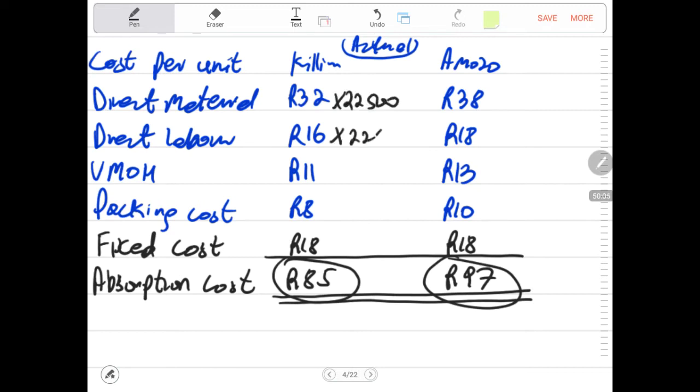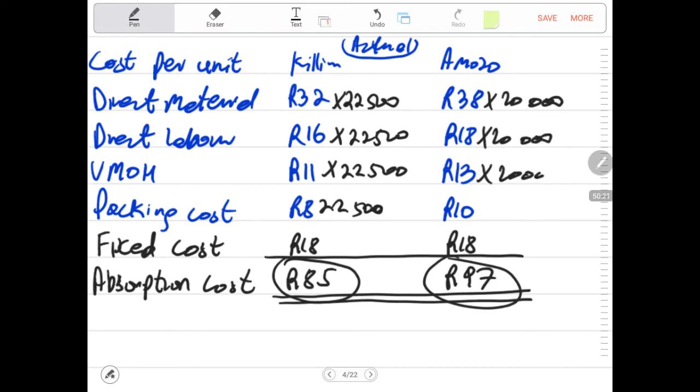22,500. For this one, the units that were actually manufactured, 20,000. Multiply this by 20,000.